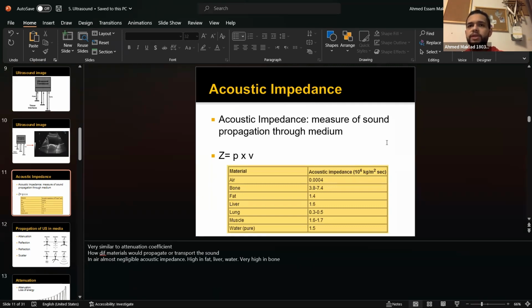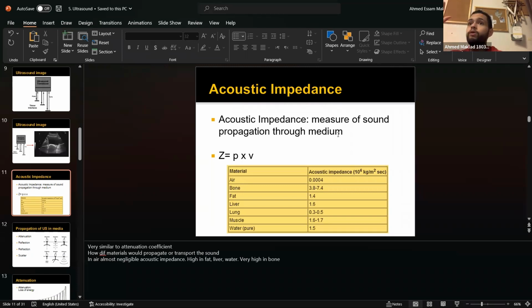Acoustic impedance basically tells you how different parts of the body absorb or reflect back ultrasounds differently, or how ultrasounds travel through a specific organ. For example, it's not going to travel through bones. It's all going to be reflected back to the probe when it hits bones.